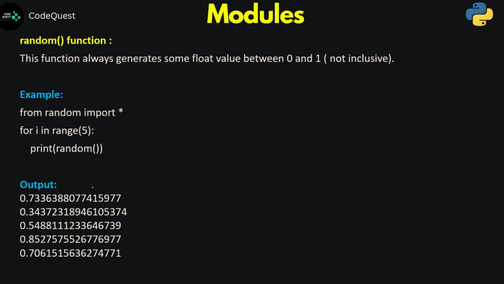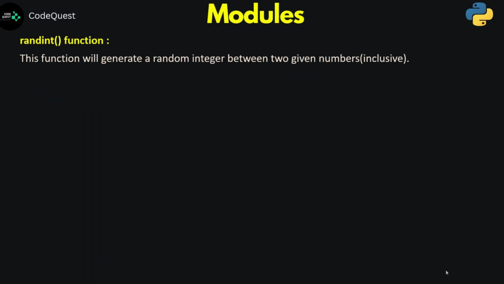The output that I'm going to get here is something like 0 point something, because it is going to generate numbers between 0 and 1, but we will not be getting anything like 1.0 something. Everything will be between 0 and 1. These are some sample outputs. If we take the same program and run it one more time, we might not get the same set of values because it is going to generate random numbers.